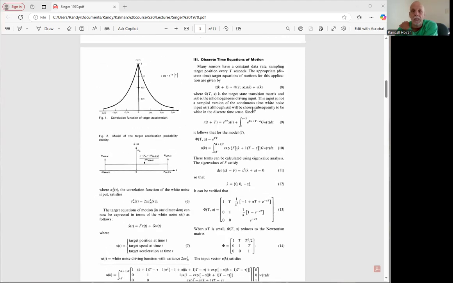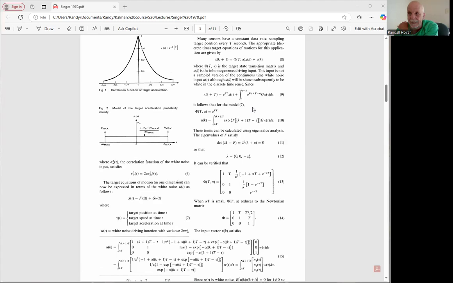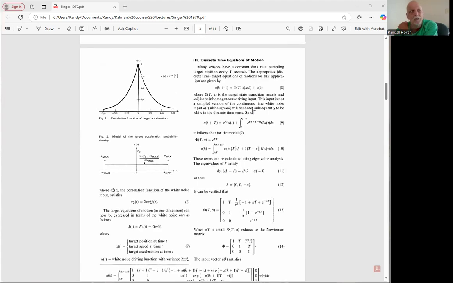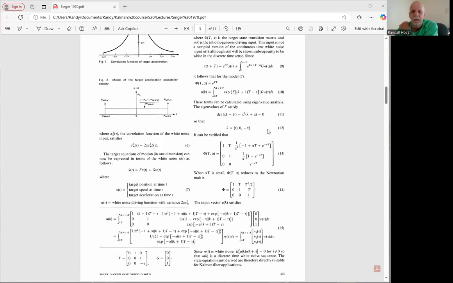Then the next thing you've got to do is discretize it. And I think that was module 5, state space and discretization. We want to go from continuous time to discrete time. And he goes through that mess. Comes up with this for the phi matrix.